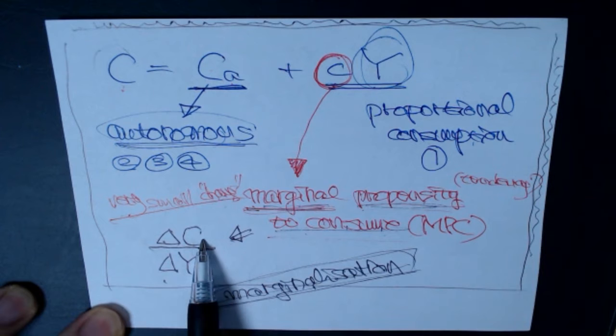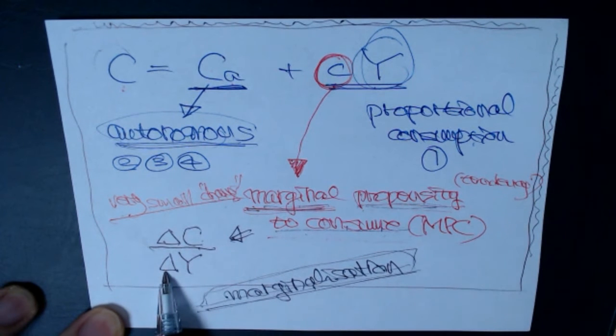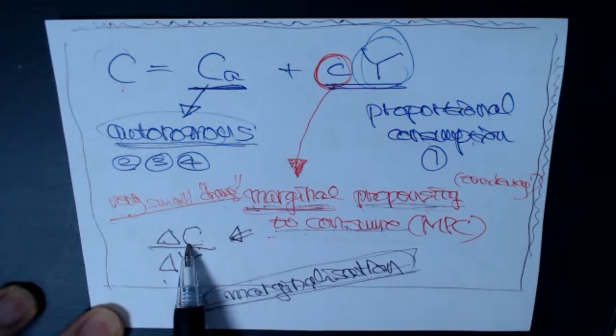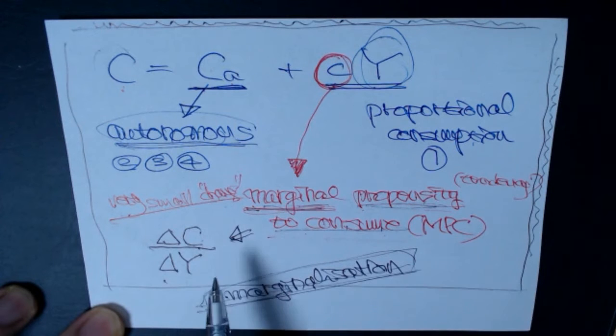Changes in C divided by changes in Y represents how much consumption will change when there is a change in national income. In other words, if national income increases by 1 unit, how much will household consumption change?